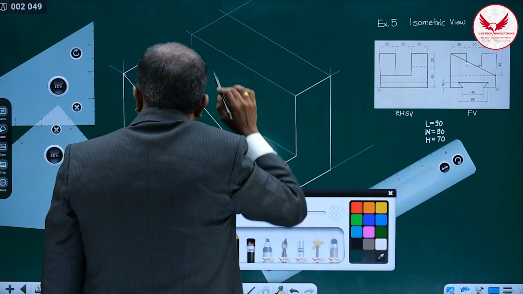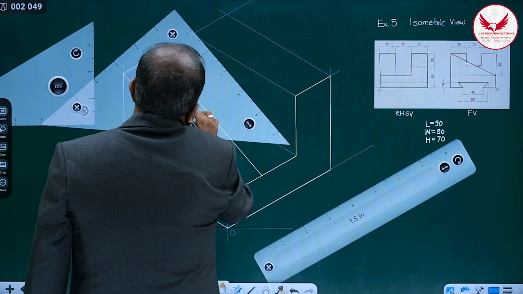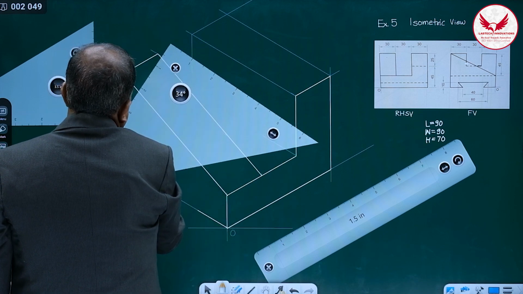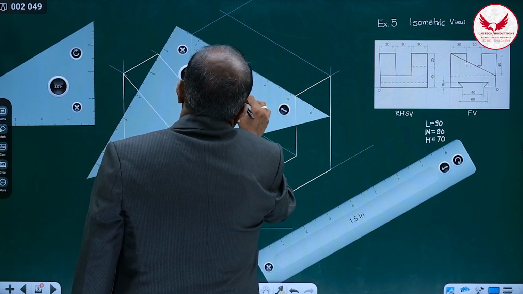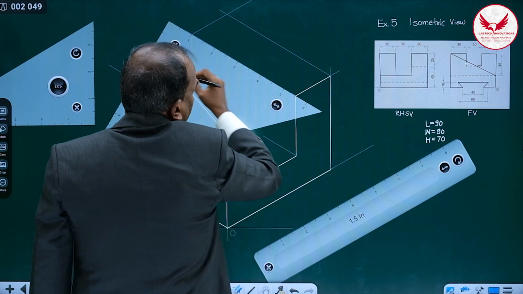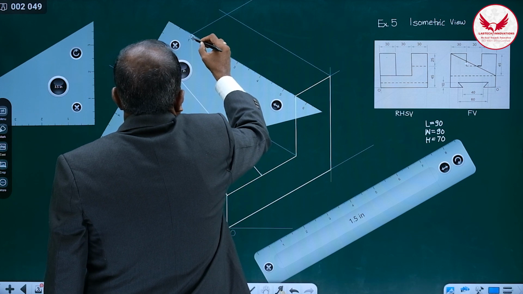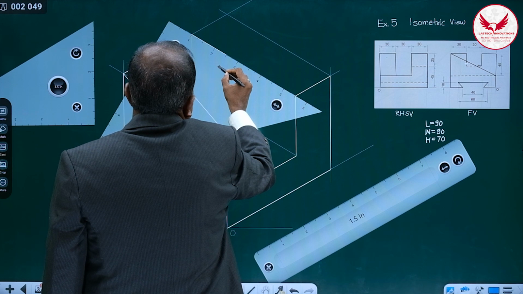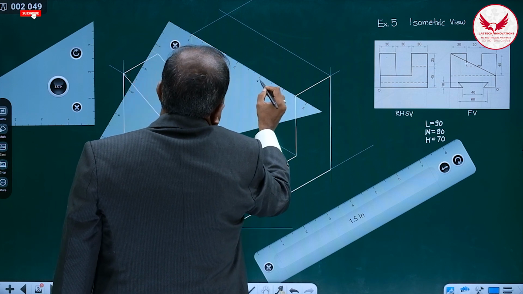Then for marking that slot, what are we supposed to do? Here it is 90, but it is 30, 30, 30, means from this 10, 20, 30. Then again 10, 20, 30.